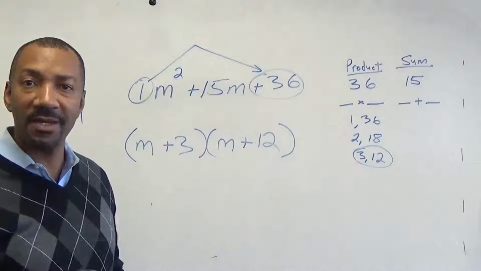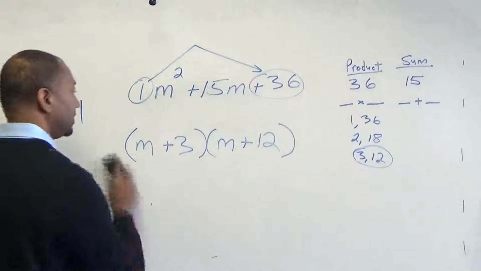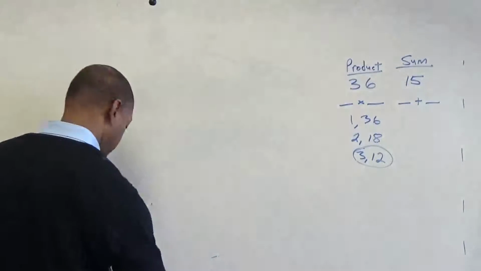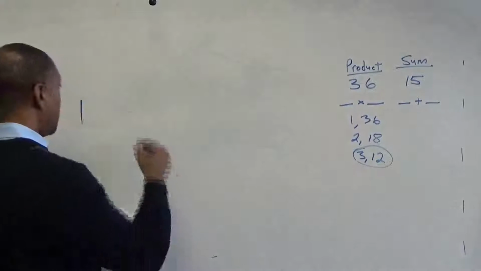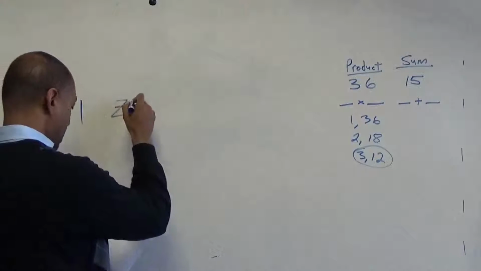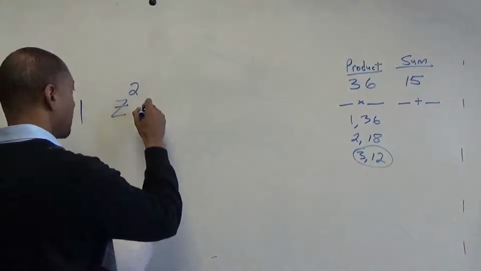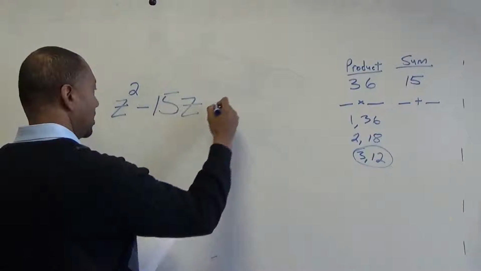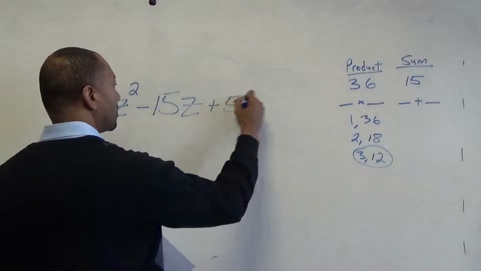Okay, that's one problem. Let's do another. Okay, let's go with z squared minus 15z plus 54.